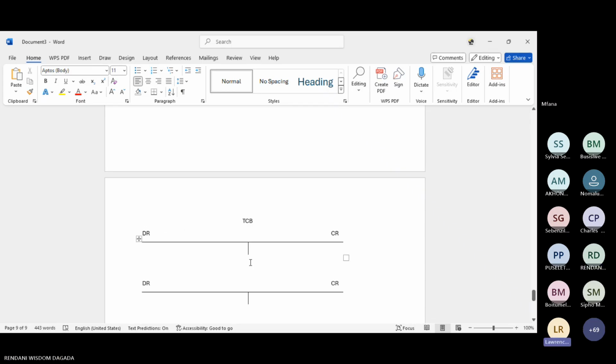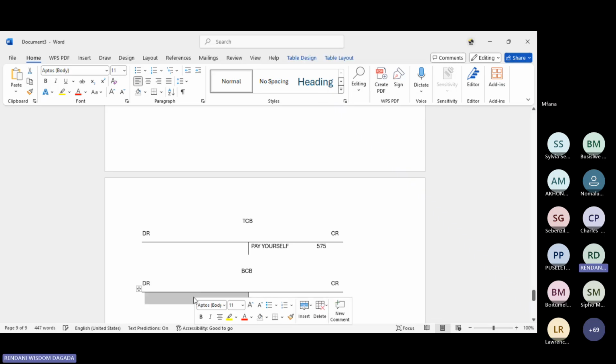Credit side. Pay yourself 575. And then where else do we write it? Correspondence trust ledger. BCB, on the debit side. 575.